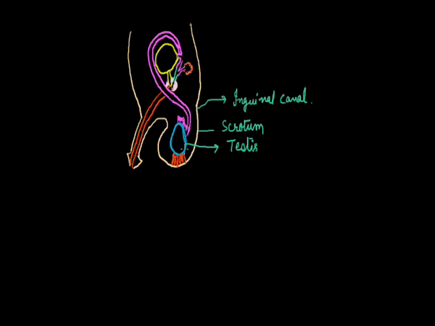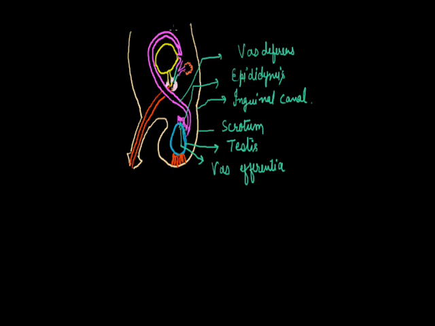Now in this testis, sperm production takes place, and sperm move out through small tiny tubes which are known as vas efferentia. Later on, these will open into a highly coiled structure known as the epididymis. Now the epididymis will open into a smooth tract known as the vas deferens.